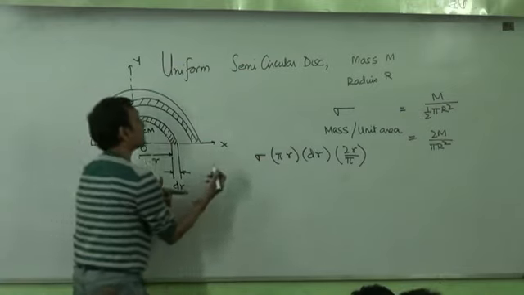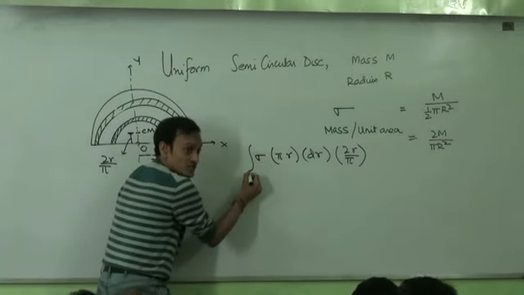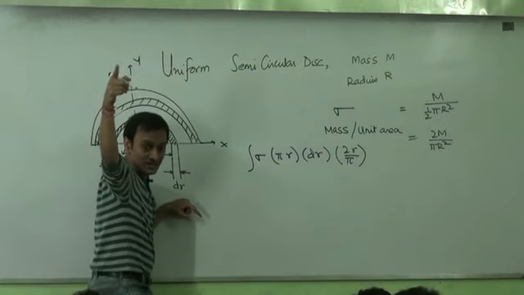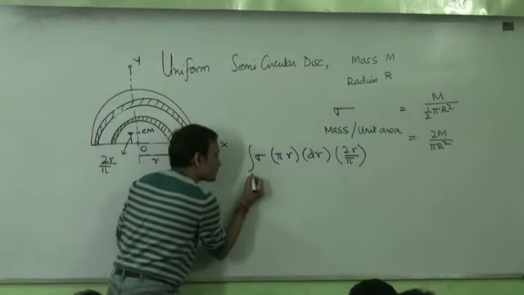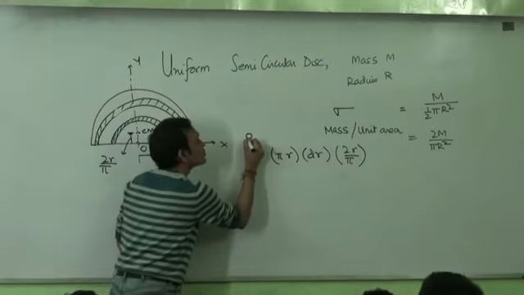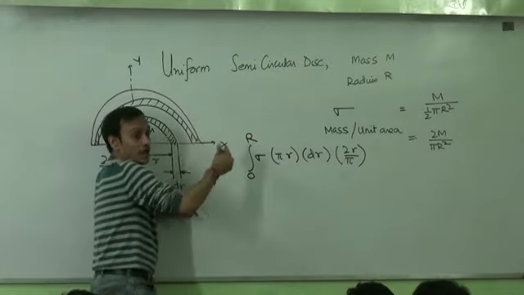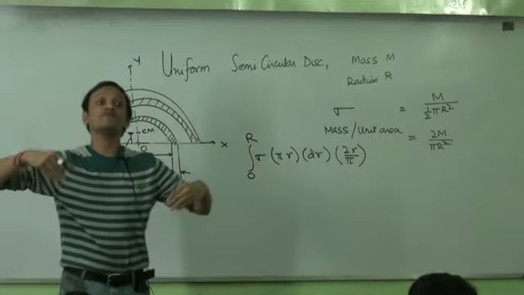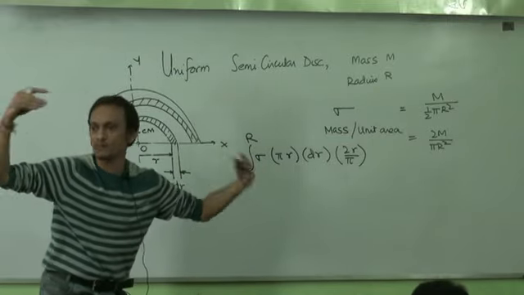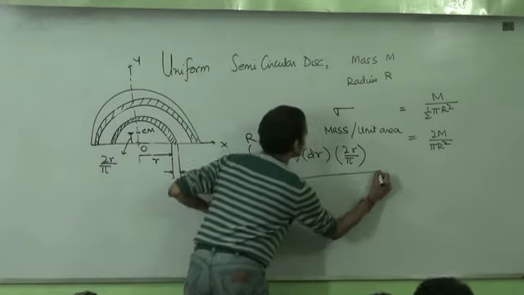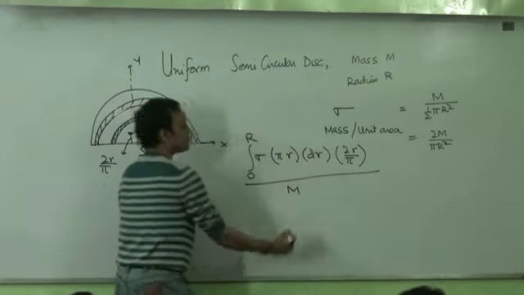That means we need to carry out the summation of this, where small r runs from 0 to capital R, to be able to include every mass element prevalent upon the disk, right, divided by the total mass. The total mass is capital M.